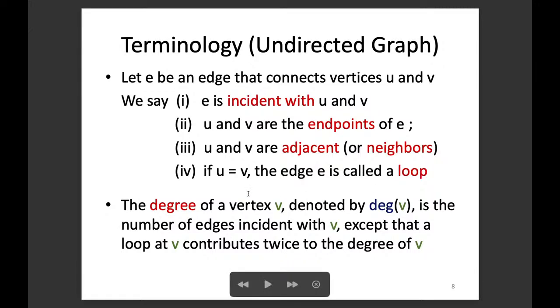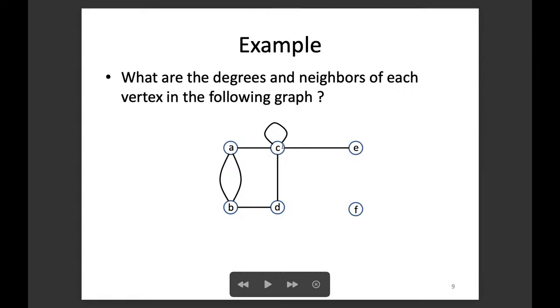We can define the degree of a vertex, with the notation deg(V), to be the number of edges incident with V. But there is a special case: a loop, a self-loop. We have an example here. We have a vertex C here, and there's a loop here.